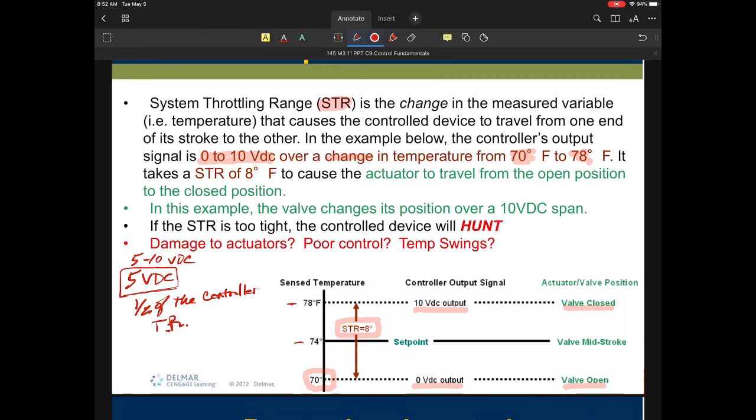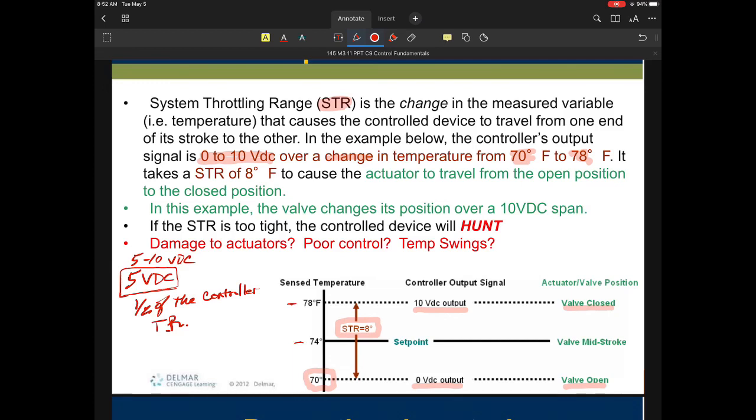So it may seem very unusual and odd to program a system with an 8 degree throttle range in this example, because you'd say, I would never want my system to be varied by 8 degrees. But remember, what you're controlling, you're going to see 100% of your change in capacity over only 4 degrees. So it's just something to be aware of.